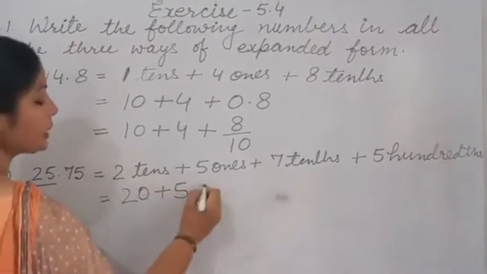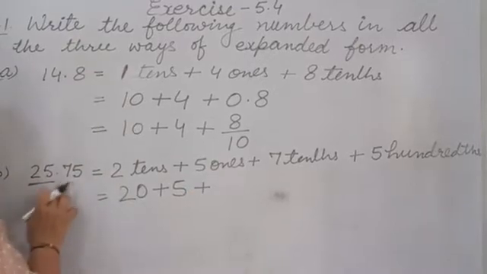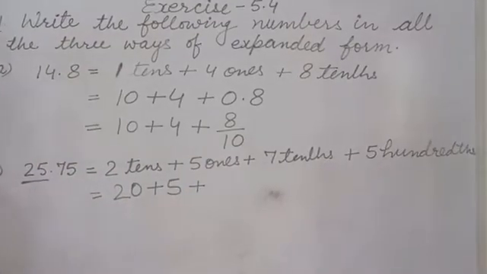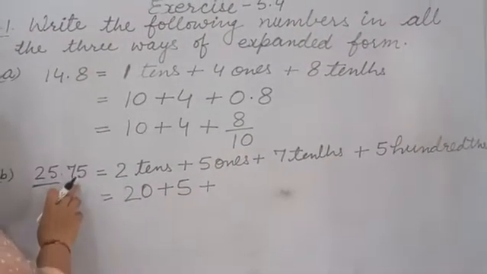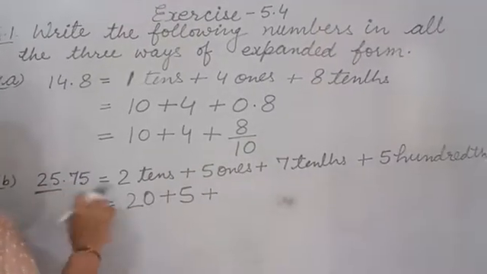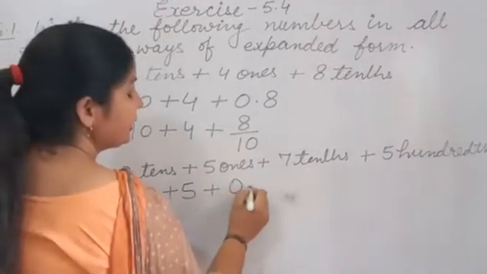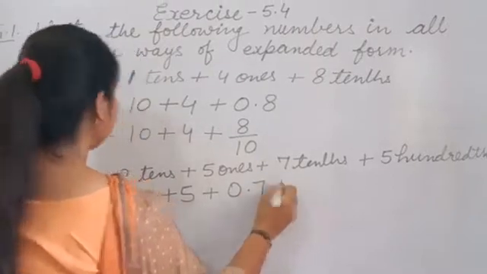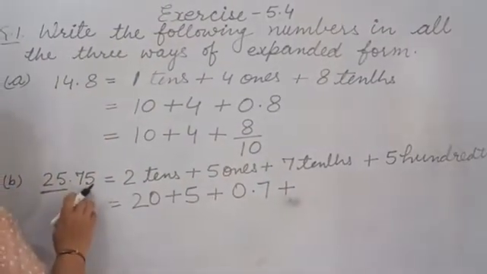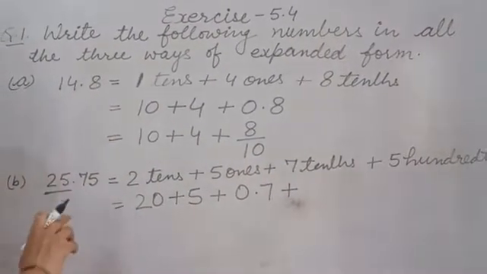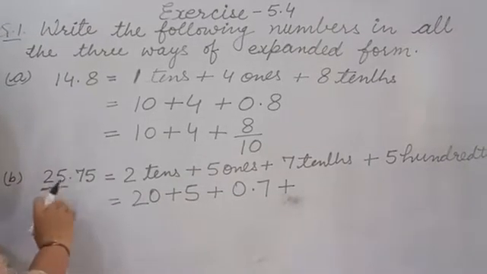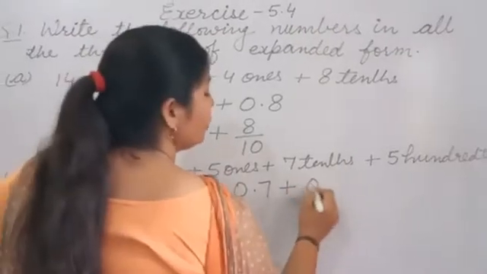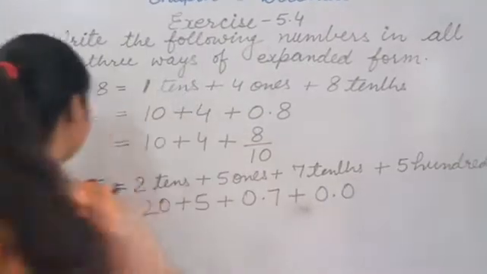Then we should write the expanded form of the decimal part. The decimal part is 0.75. So firstly 7 tenth, 0.7. So write here 0.7. Then plus we have 5 hundredth. So the 10th place we should make 0, so it becomes 0.0.